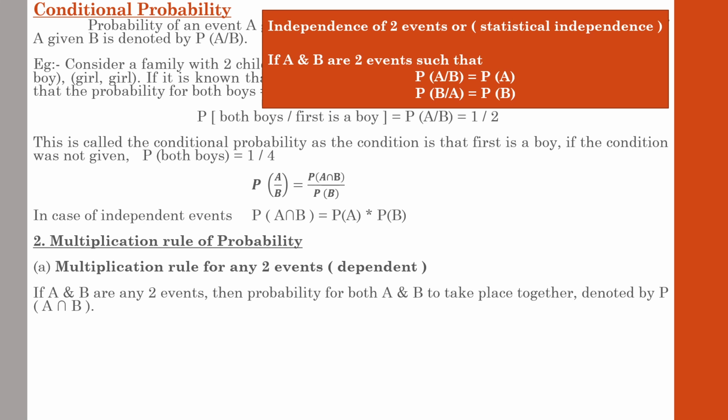In case of multiplication also it is different. We are not going to mix both the cases. In case of multiplication, whatever the multiplication case is, it is represented by A intersection B.